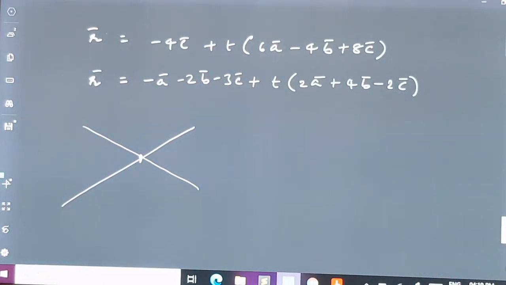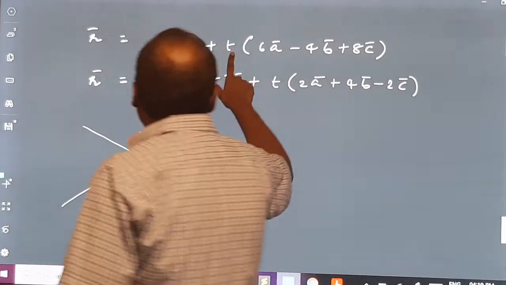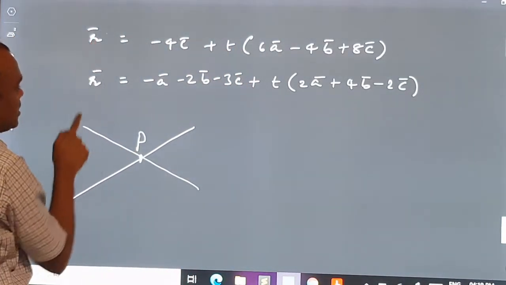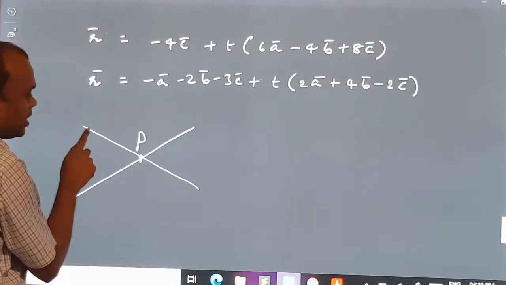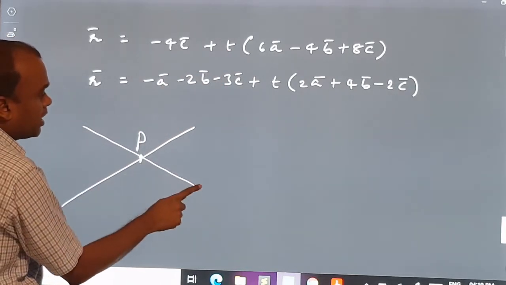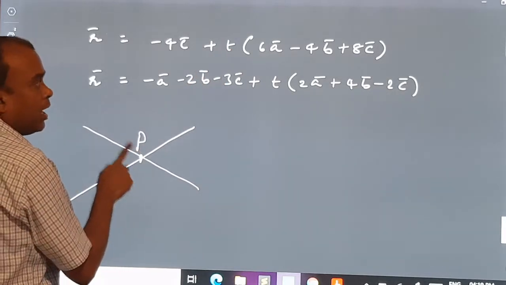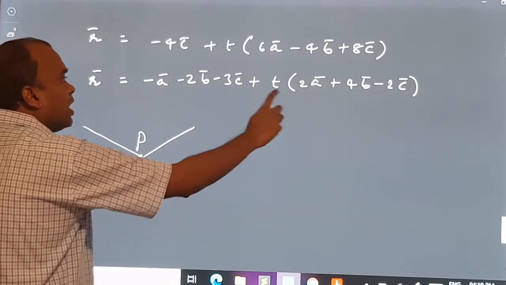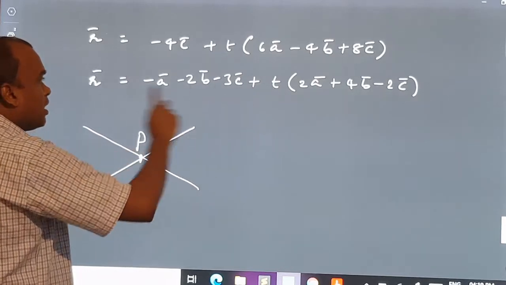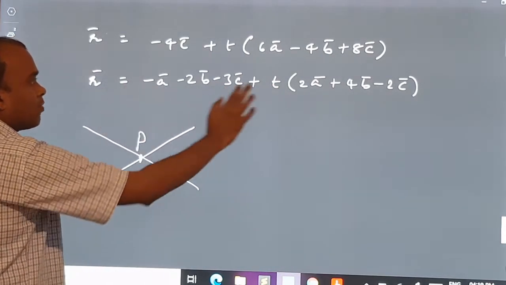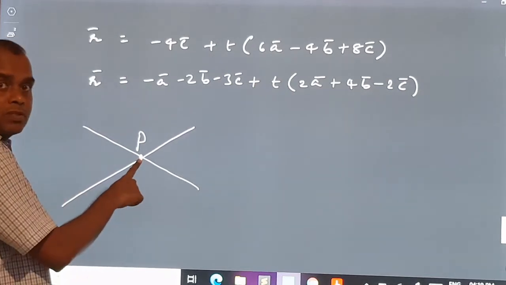You see, if I call the point of intersection p, for some value of t, this r bar will become p, because this r bar for different values of t takes different points on this line. So for some value it becomes p, and similarly for some value of t over here, as it moves on this line, this r bar becomes p.